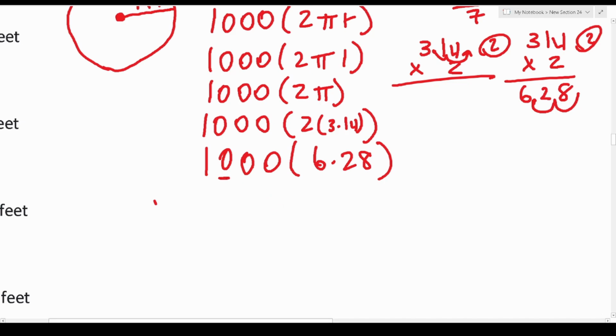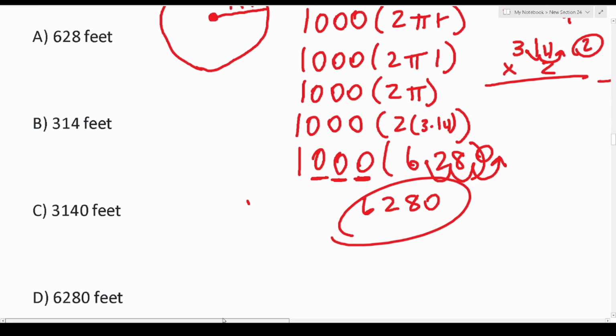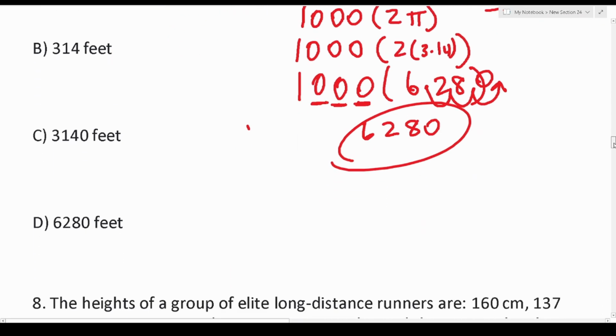As we can see, there are 3 zeros in 1,000. So I'm going to take this decimal in 6.28 and shift it 1, 2, 3 times to the right. So 1,000 times 6.28 is 6,280. So in other words, this dot on this rim will have rotated 6,280 feet in total, which we can see as D.